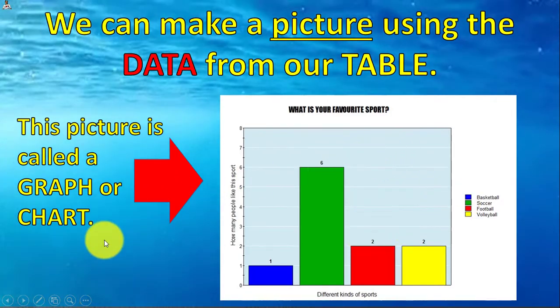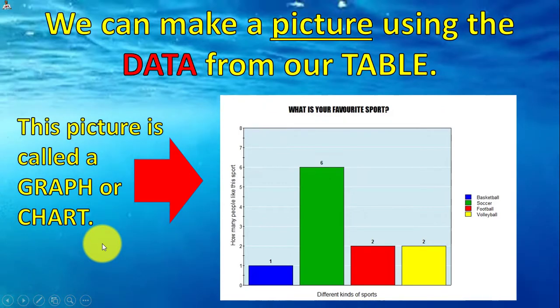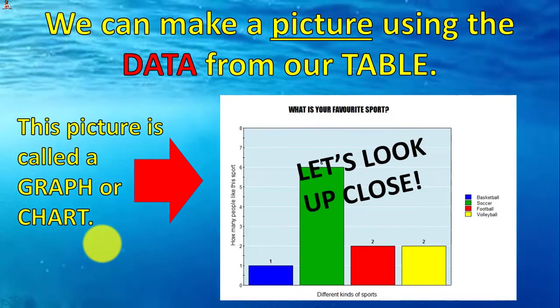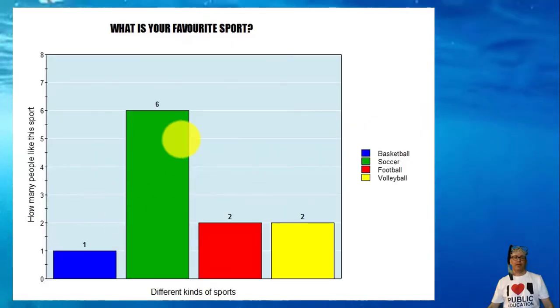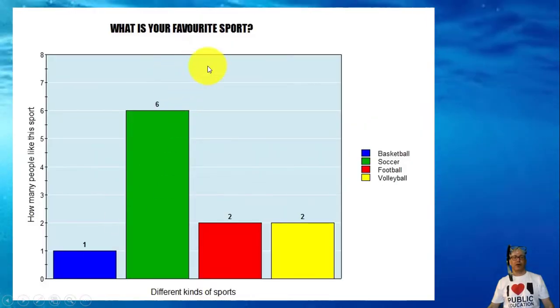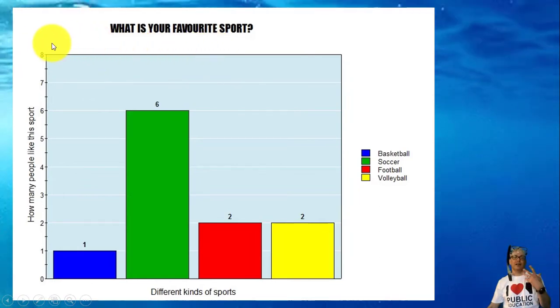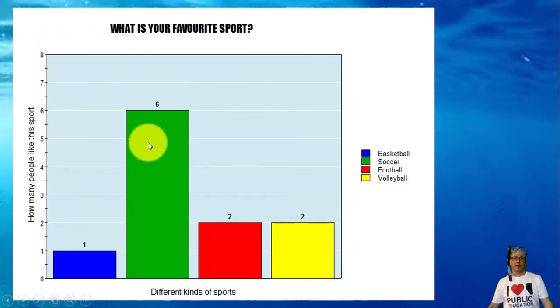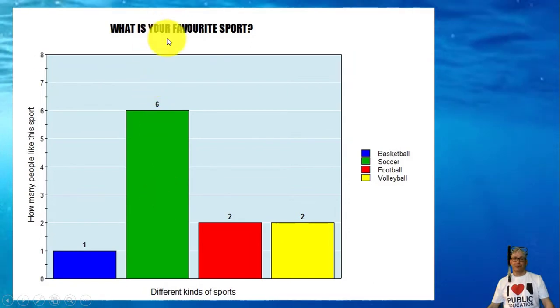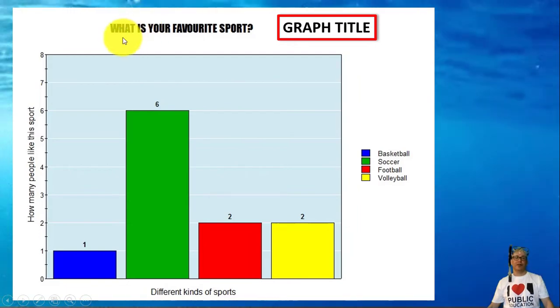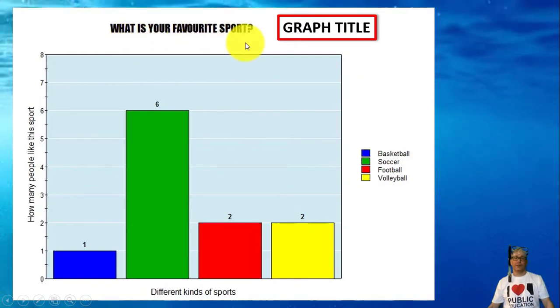This is a picture called a graph or a chart. Well, let's look up close so that we can see it. Here is a chart or a graph that has the numbers from our data. This is your graph title. What is your favorite sport?